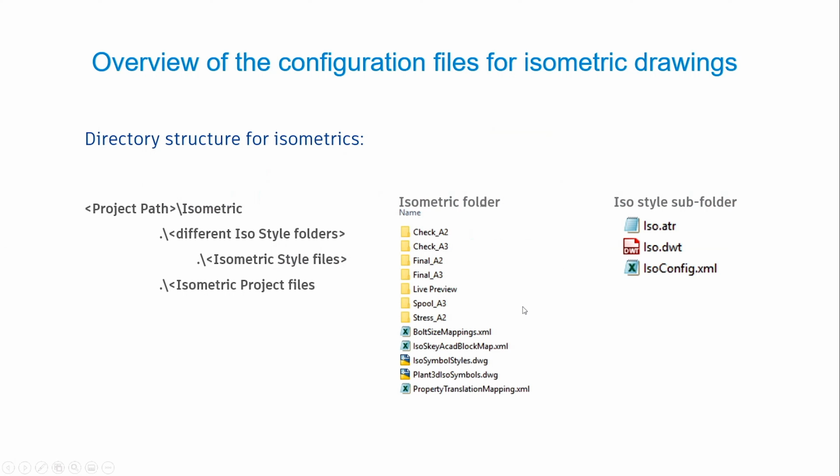Inside of the IsoStyle folders, we will find 3 additional files: the IsoConfig XML, the IsoATR, and IsoDWT. If an isometric drawing will be created by a specific IsoStyle, we will find additional files and subfolders here.